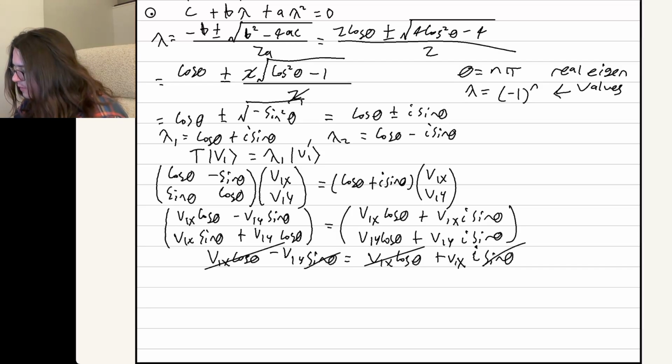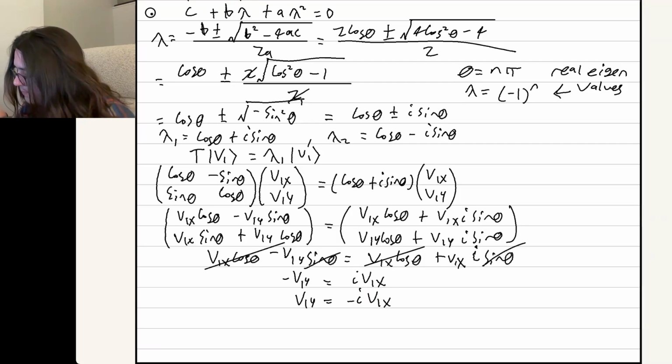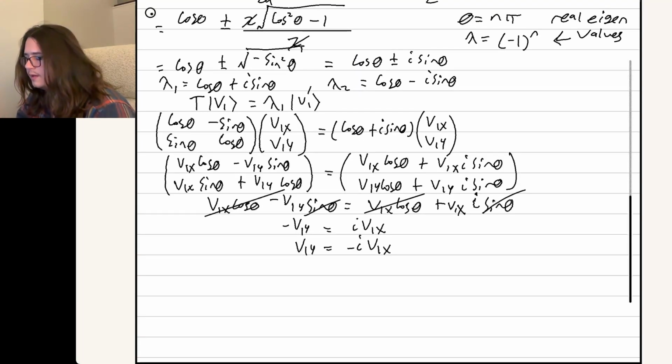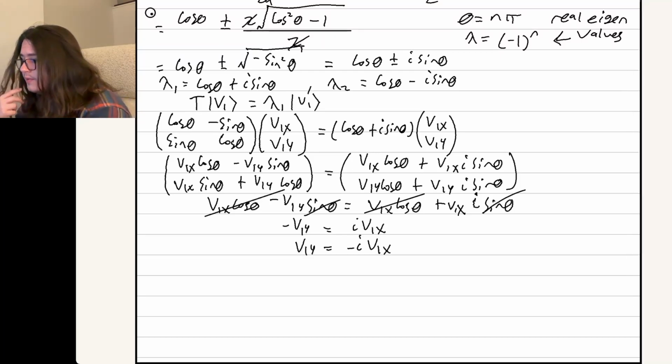So those cancel out as well, and we're left with minus v1y equals i times v1x. And I'm going to rearrange it so that it's minus sign on this side, actually. But yeah, we found one of the components of the eigenvector, so now we can just set the other one.